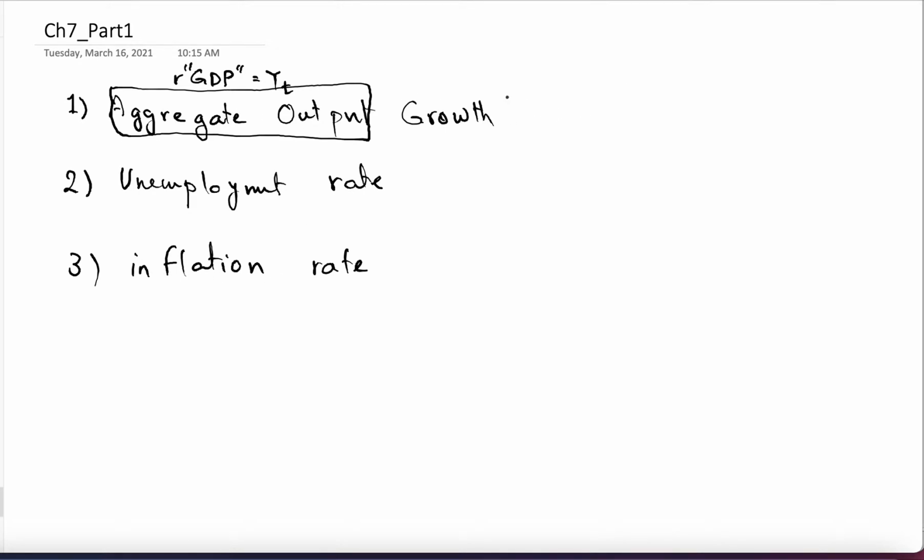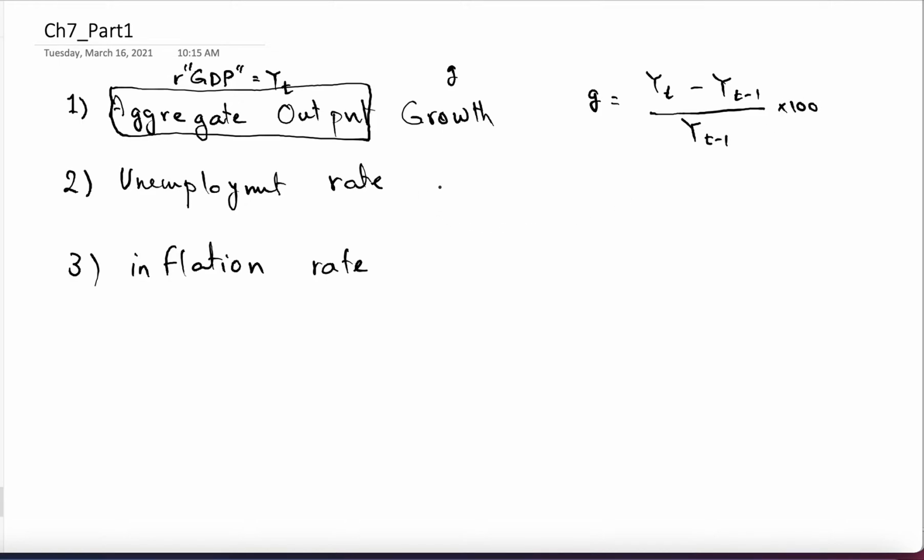The growth G is real growth: real GDP in time t minus the real GDP in the previous year, divided by the previous year, multiplied by 100.